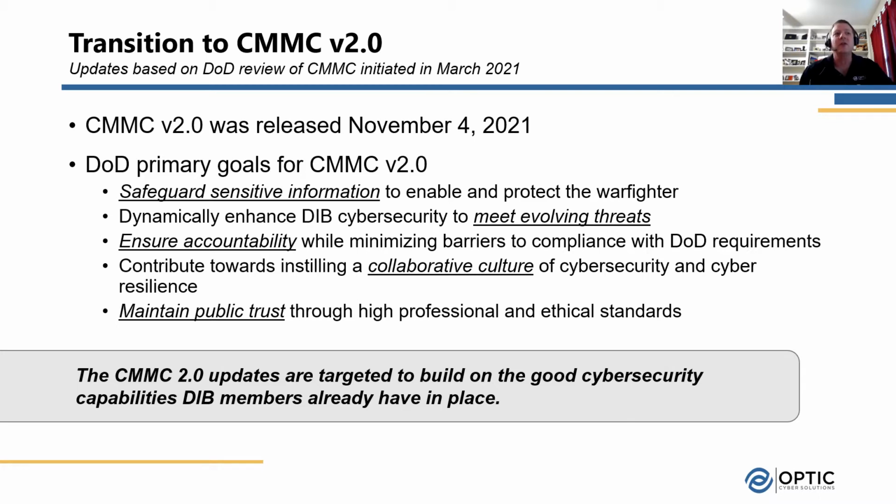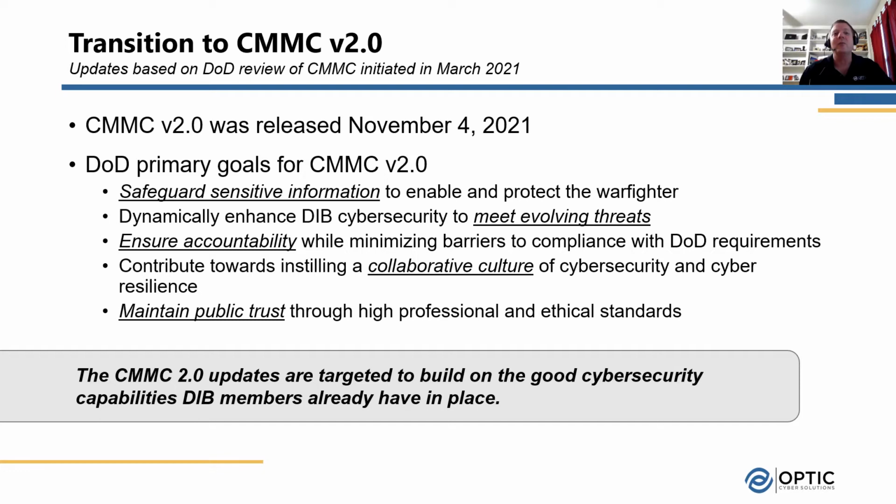The third goal was to maintain accountability and to minimize barriers for compliance. Barriers are typically seen as cost barriers within CMMC. The cost associated with implementing a cybersecurity program, depending on the size and type of organization, can delay or cause issues with meeting those goals.